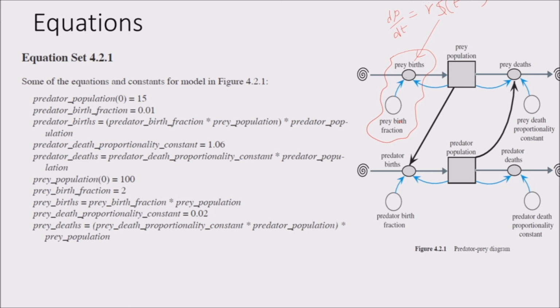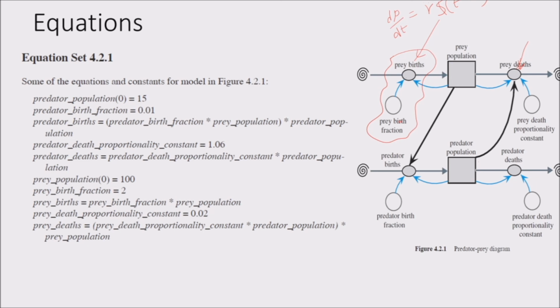Then here the deaths are here. In this death equation we have different values because we are considering the population of this one multiplied by this. Let's say this side is prey, this is the prey bird.